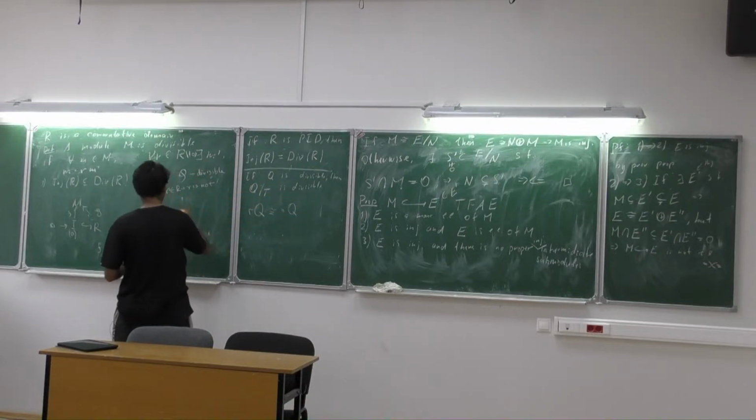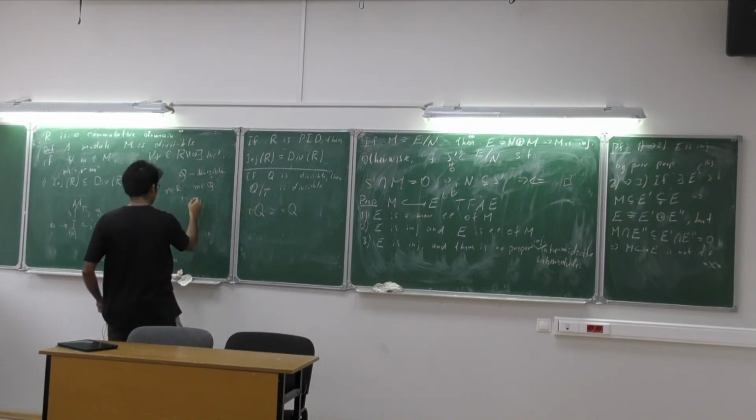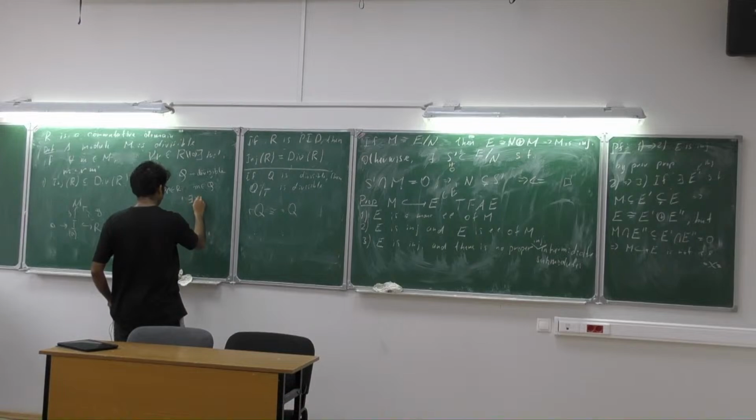So yes, no zero divisors. So we know that suppose AM is inside Q. Since Q is divisible, that means that there exists M prime inside Q such that AM is equal to R.